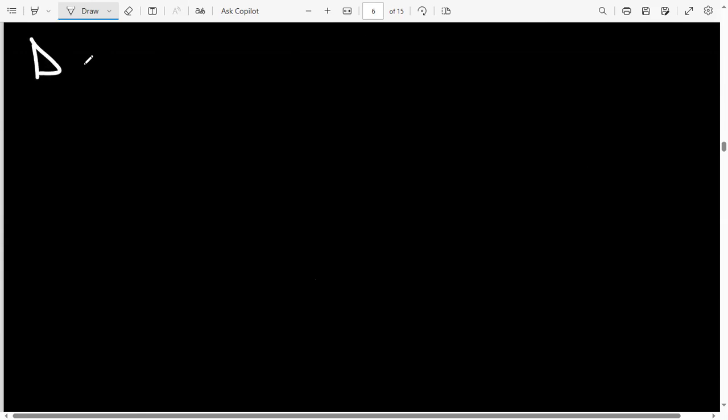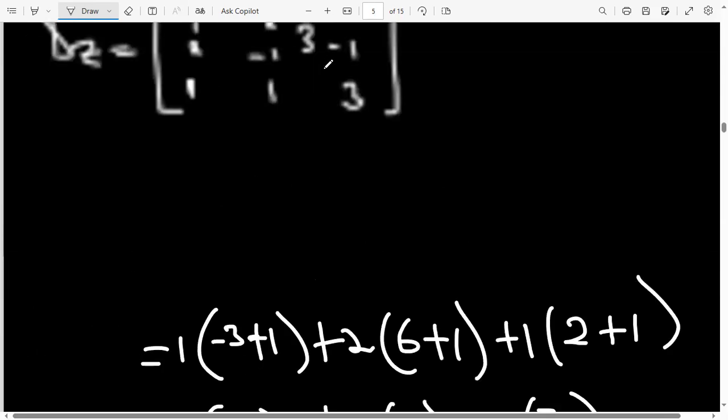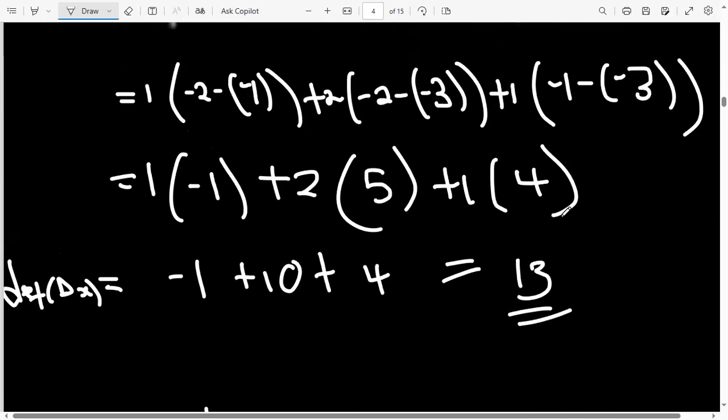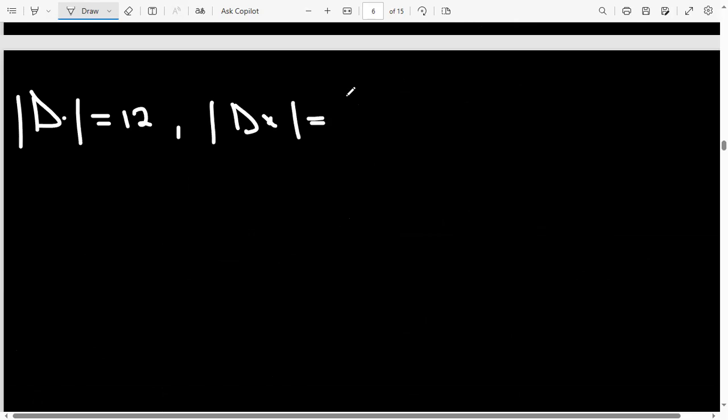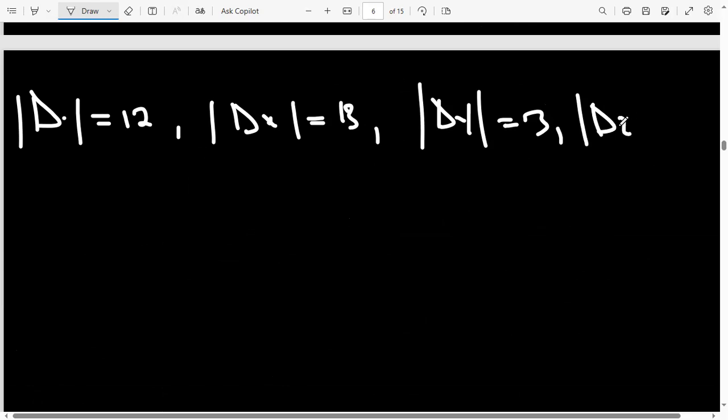So remember the determinant of d was 12. And then the determinant of dx, let's check, I've forgotten. The determinant of dx was 13. The determinant of dy was 3. And the determinant of dz was 15. So how are we going to find the value of x?